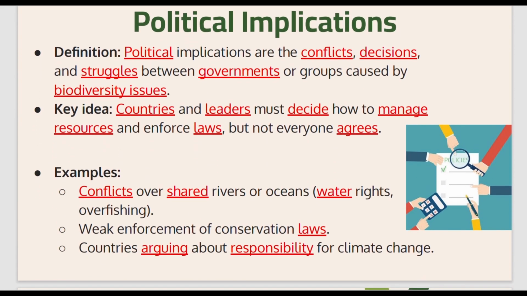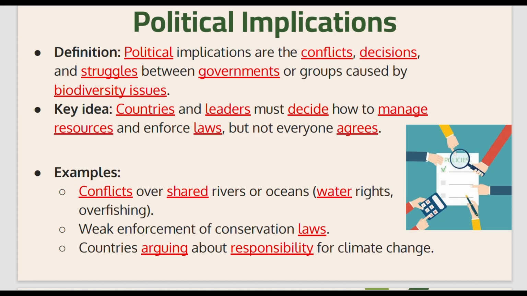So political implications, political consequences are the conflicts, decisions, and struggles that occur between governments or groups caused by biodiversity issues. So when an ecosystem is hurt, it experiences human impacts that affect the biodiversity to the point that biodiversity is lost and now less resources are available and the ecosystem is no longer stable. This can cause issues, it can cause disputes, it can cause conflicts between different governments, different groups of people that may rely on the same source of resources.